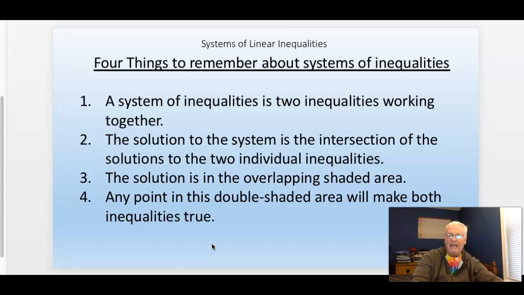It's the overlapping shaded area, where the two shaded areas overlap. Any point in that double shaded area will make both of those inequalities true. It's not just one point, it's a whole bunch of points.